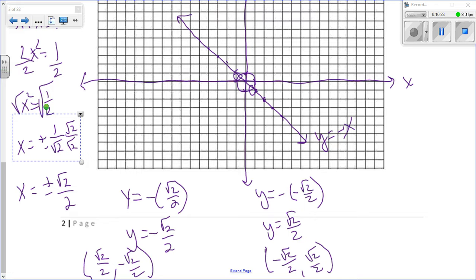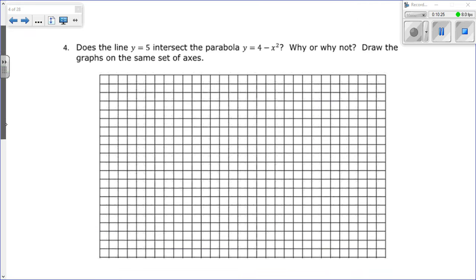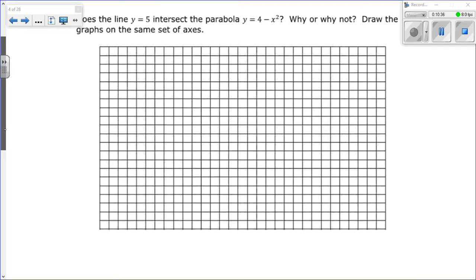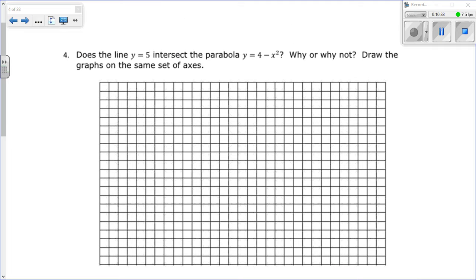All right, one last problem. Does the line y equals 5 intersect the parabola y equals 4 minus x squared? Why or why not? Draw the graphs on the same set of axes. Well, let's draw the axes in first, and we can graph the line real easily.